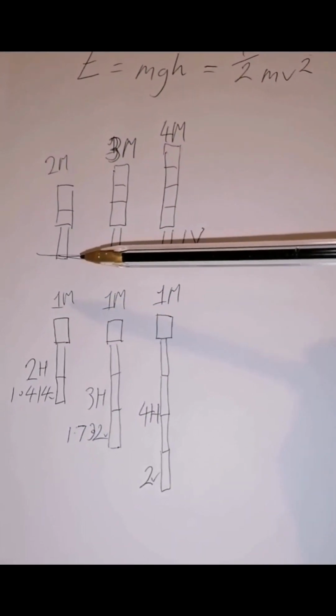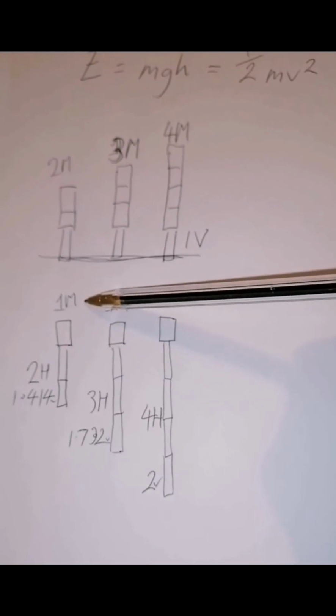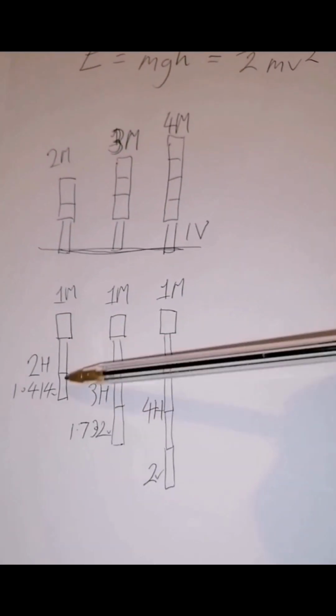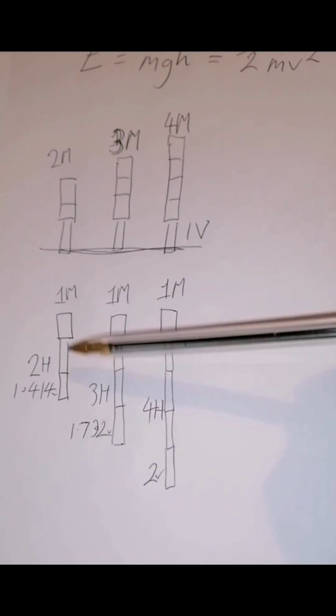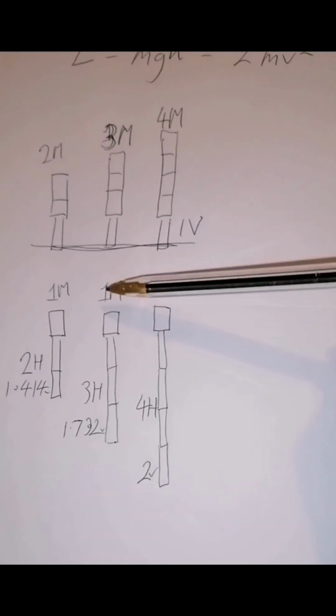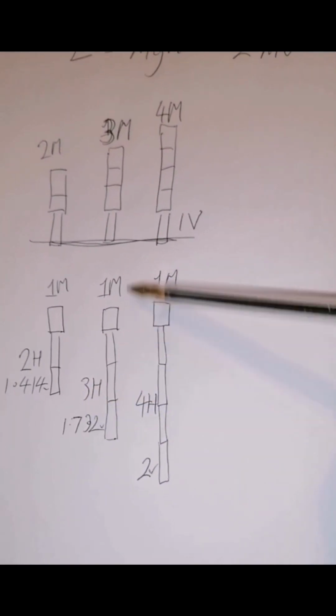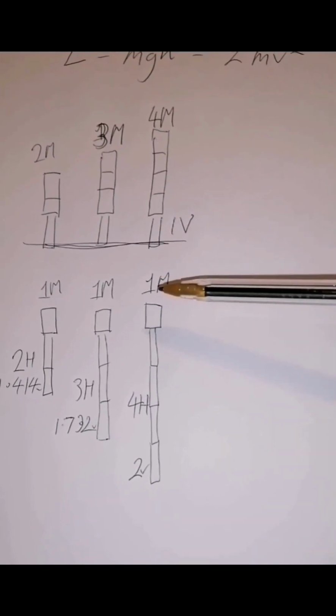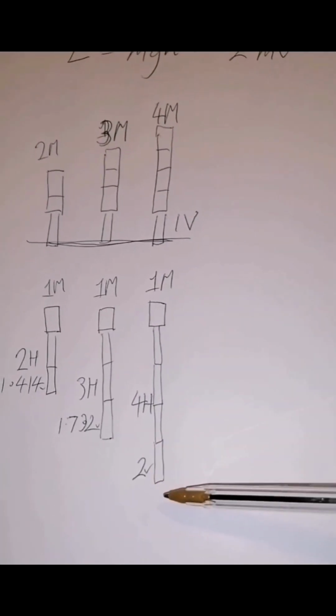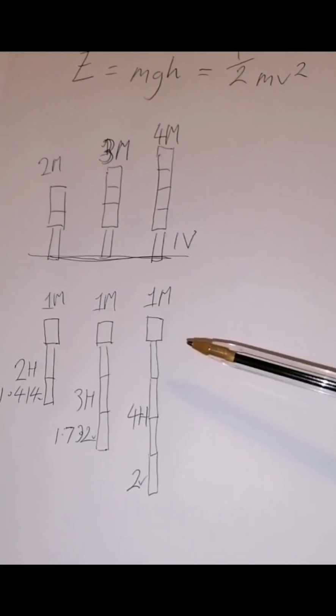And then we will pit that against a 1 mass dropping 2 heights, achieving 1.41 velocity, and then we will drop a 1 mass from 3 heights, achieving 1.732 velocity, and we will drop a 1 mass from 4 heights, achieving twice the velocity.